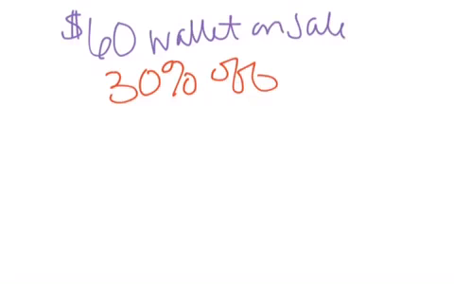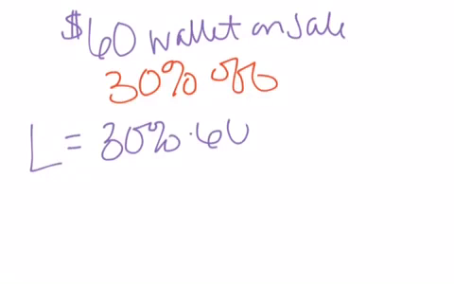So this is how you're going to set it up. The selling price, which is what we've seen before, equals, or actually the amount of the loss, we'll do that first. So my amount of loss, we'll give an L with that, equals 30% times 60. So 30% times $60 changes into 0.3 times 60.